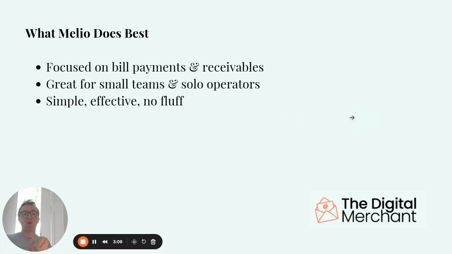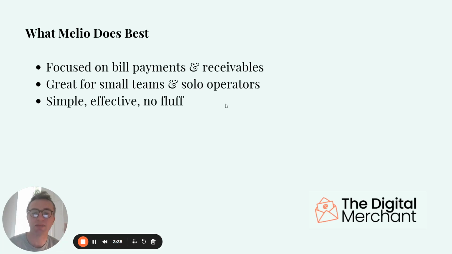So I suppose what Melio does best is it focuses on bill payments and receivables. Now, the receivables function is actually particularly crucial here. Ramp doesn't offer an accounts receivable function. That's something you'll only get with Melio between the two of these. As I was saying, it is probably best for small teams and solo operators. There's a few reasons for this. It doesn't scale, I suppose, particularly well, not as well as Ramp would.